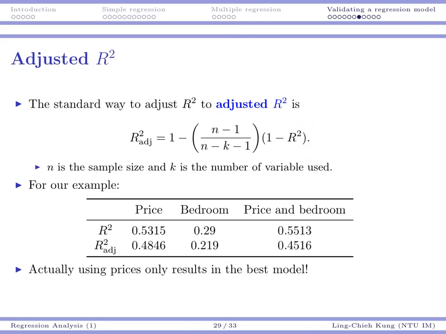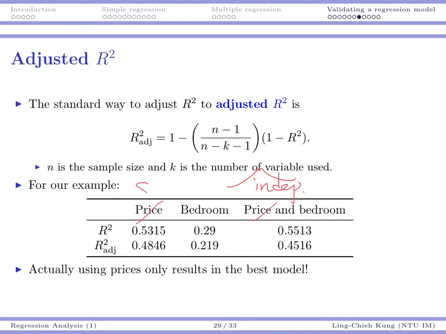And basically it depends on the number of independent variables you use. If you use more independent variables, then you are going to get discounted more. So if we apply this formula, then we can get those.